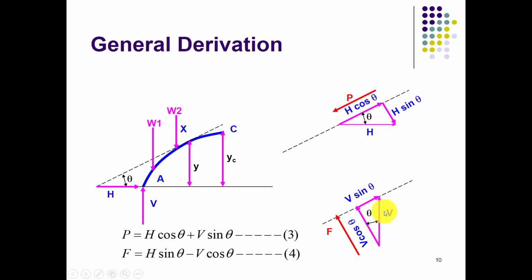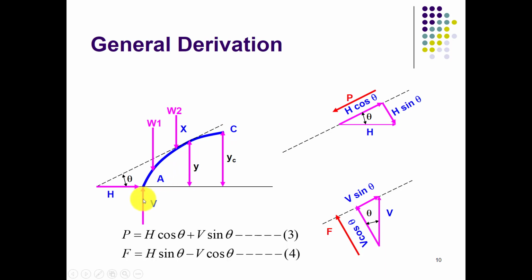This theta is basically 90 minus theta of this. So V is basically a hypotenuse if we consider the local x-axis as a tangent drawn to the arch. V is a vertical force acting, which is a hypotenuse in case of this local tangent axis.